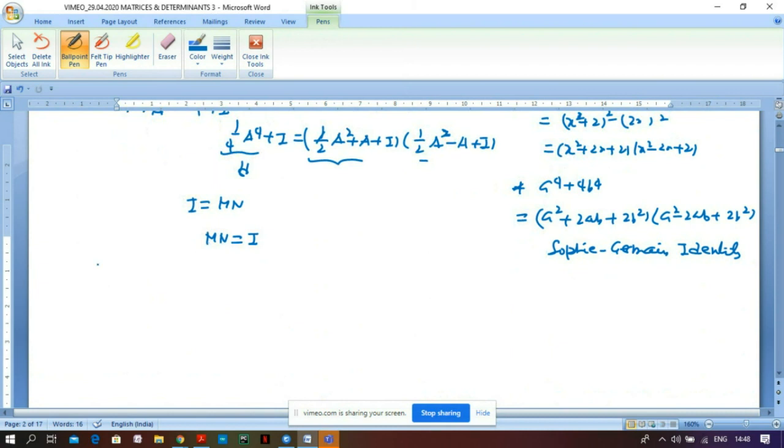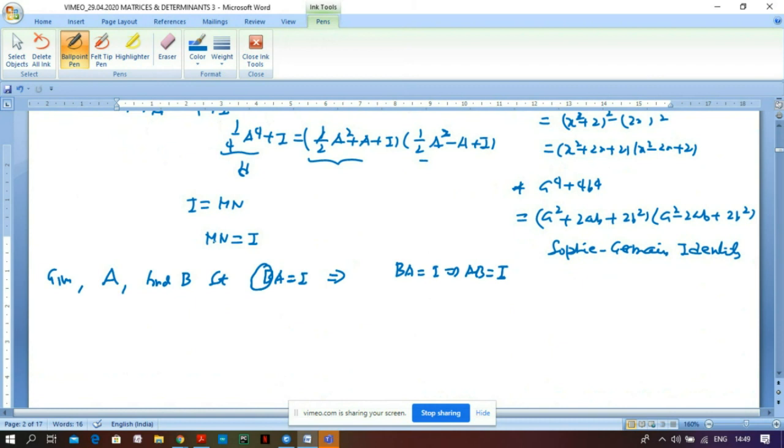In fact, recall that if A is a matrix and you can find a matrix B such that BA equal to I, this is enough to conclude that B is the inverse of A. Because I told you last time that BA equal to I, of course, will imply AB equal to I. So whatever applies with left applies with right also.